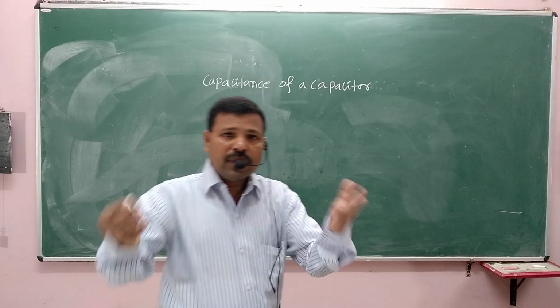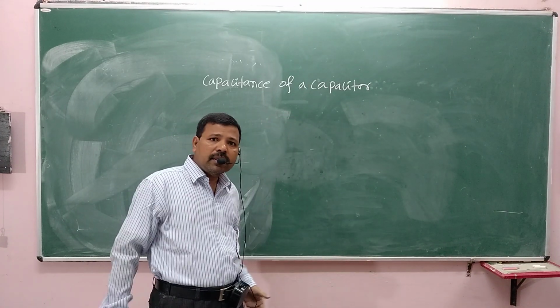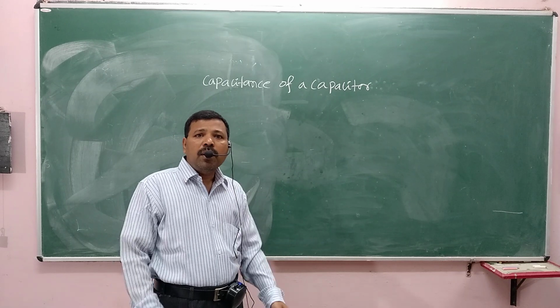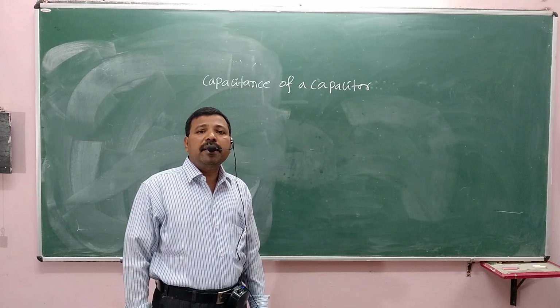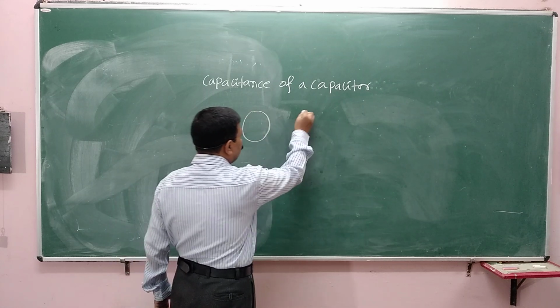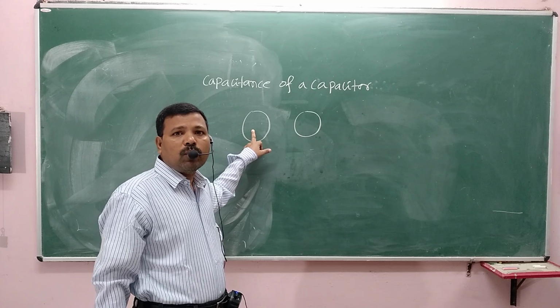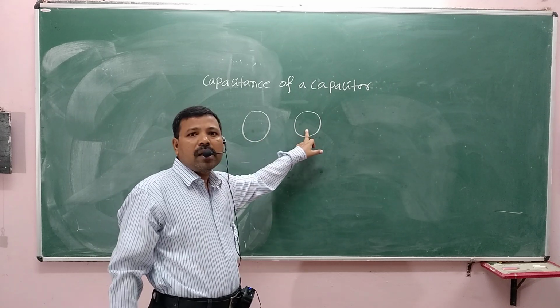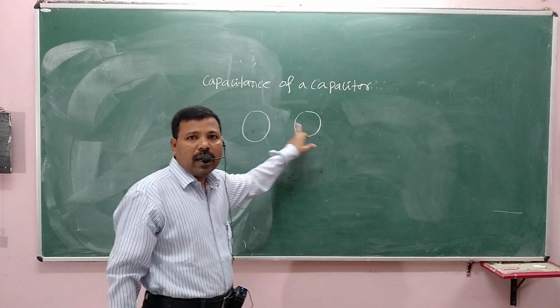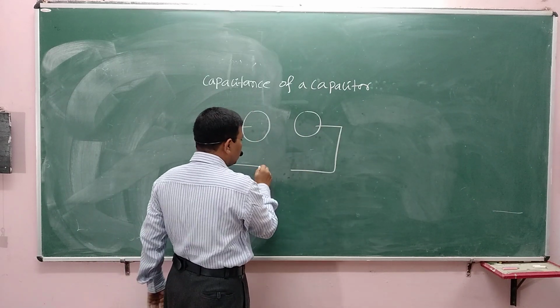First of all, as we know, a capacitor is a system of two conductors separated by some distance. This is conductor 1. This is conductor 2, and these two conductors are separated by some distance.